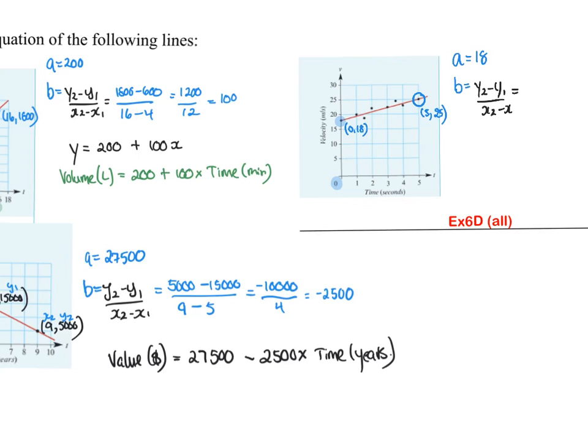So I'm going to say 25 minus 18 over 5 minus 0. So what's that? 7 over 5, which we can leave like that, or what can we say? What is that? 1.5, is it? No, is that right?